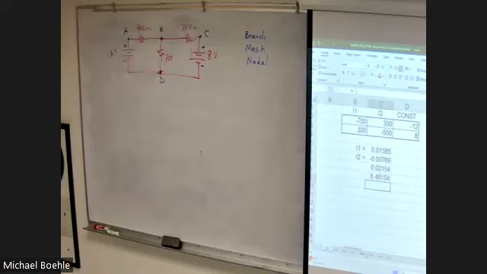Now, that means that I need to figure out my currents. Very similar to my branch analysis, how many different currents do I have? 3, right? 3 different currents.